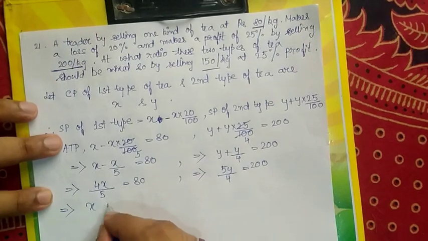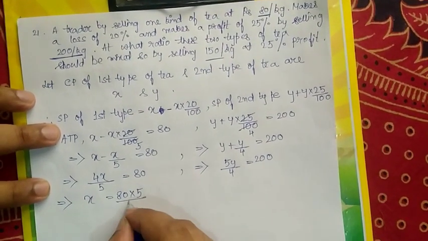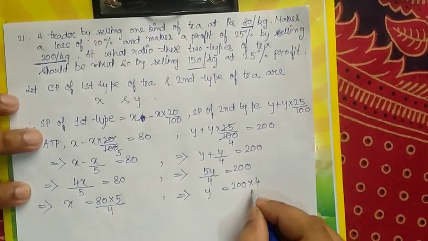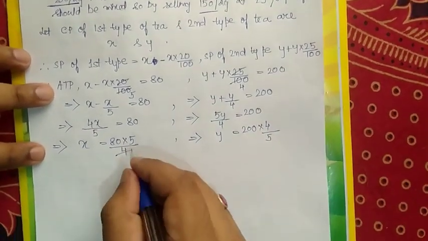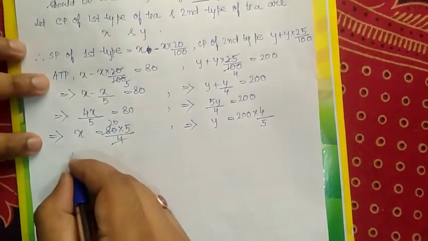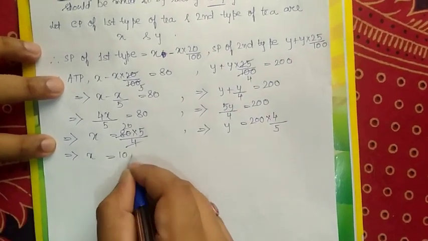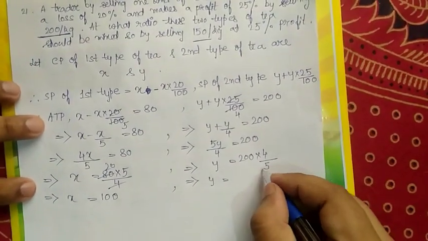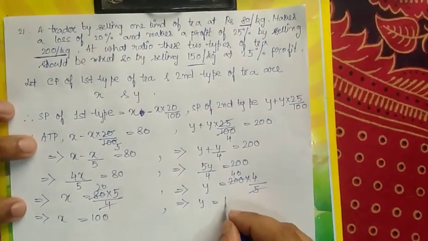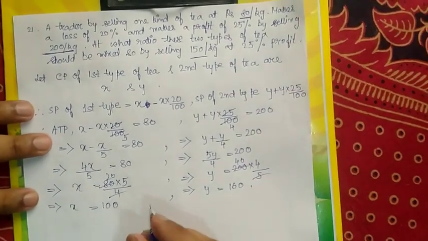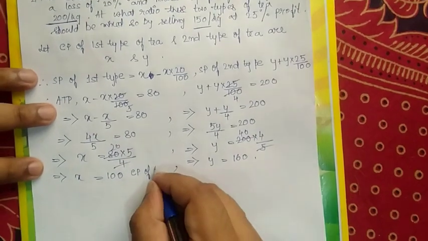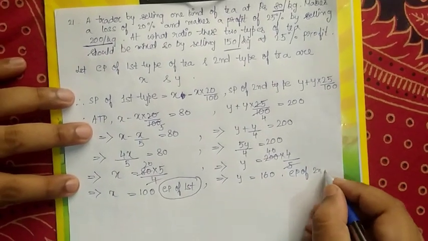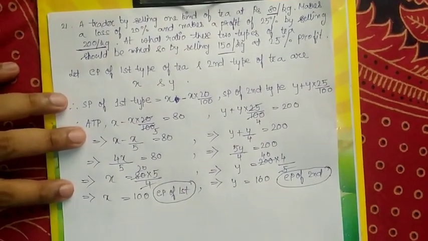So x equal to 80 into 5 by 4, y equal to 200 into 4 by 5. x equal to 100 and y equal to 160. So the CP of the first is 100 and the CP of the second type of tea is 160.